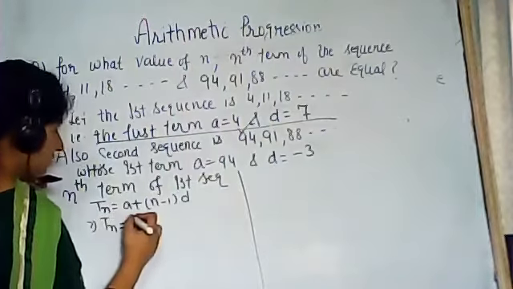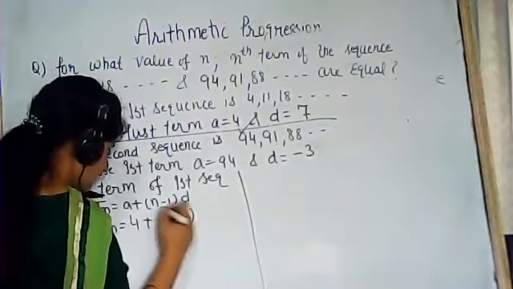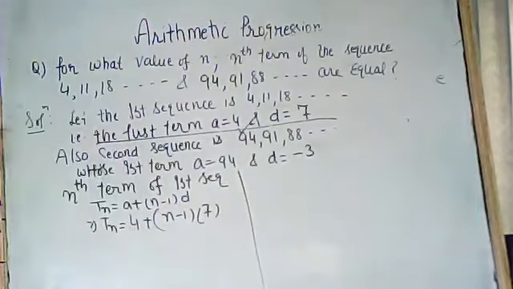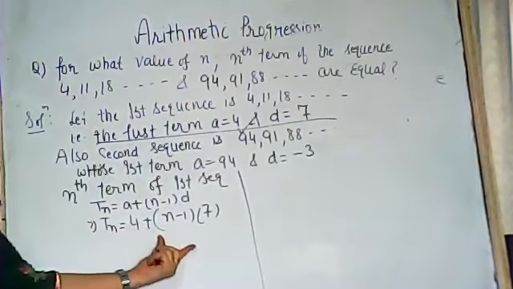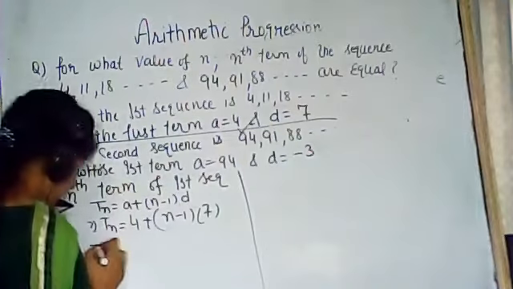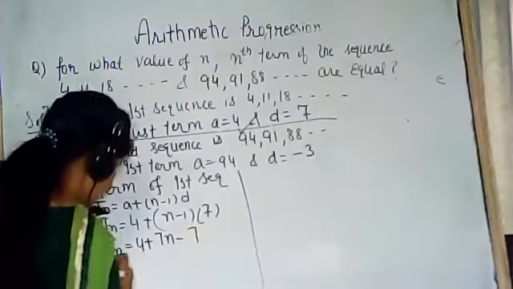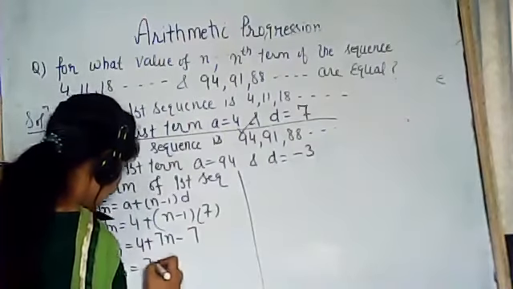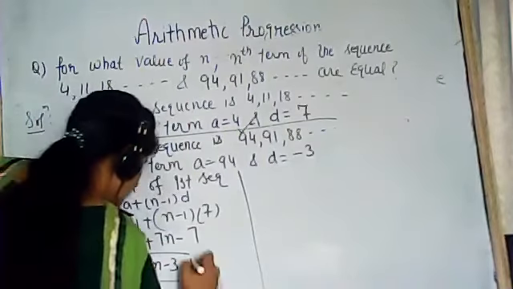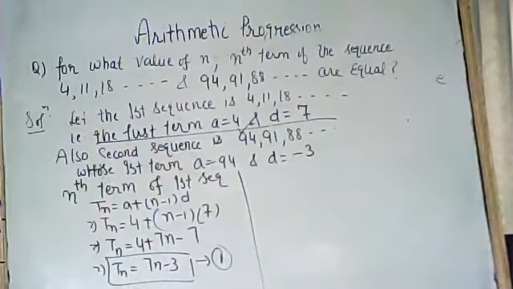So, Tn is equal to 4 plus n minus 1 into 7. This is the value of nth term for the first sequence. Now simplify, you will get 4 plus 7n minus 7 and this is equal to 7n minus 3. So this is the nth term of first sequence which is denoted by equation number 1.